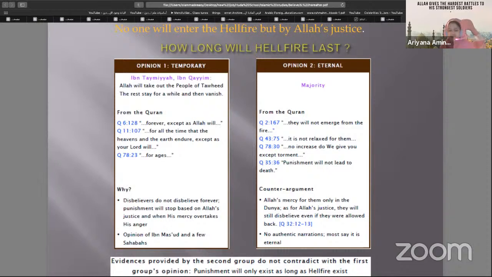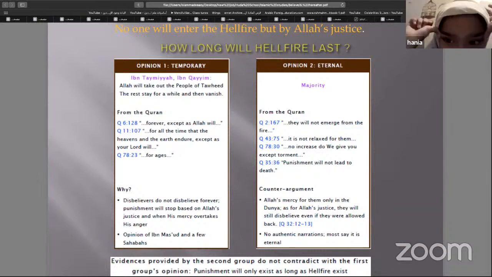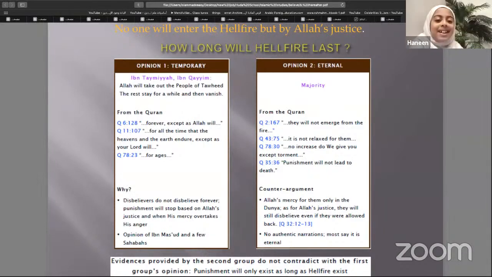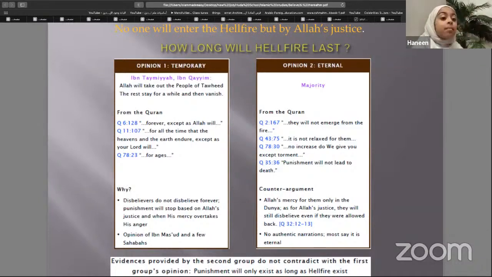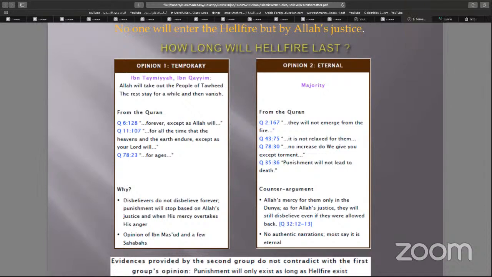I'm 8. How old are you, Muhammad? 8. When do you turn 9? November 10. My twin cousin just turned 10 on November 11th. My birthday's November 29th.